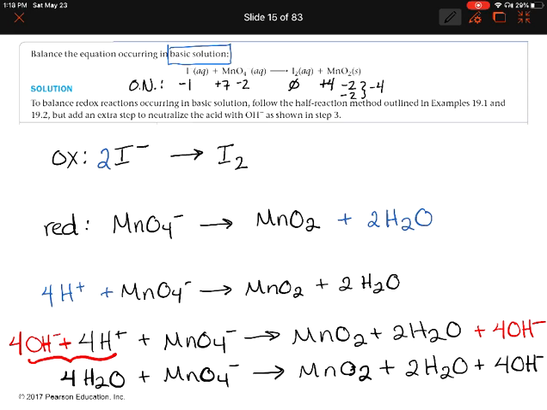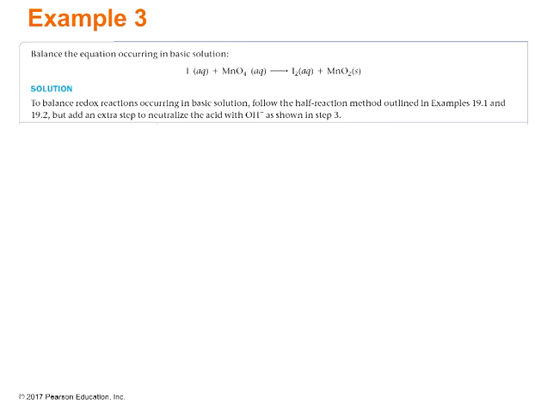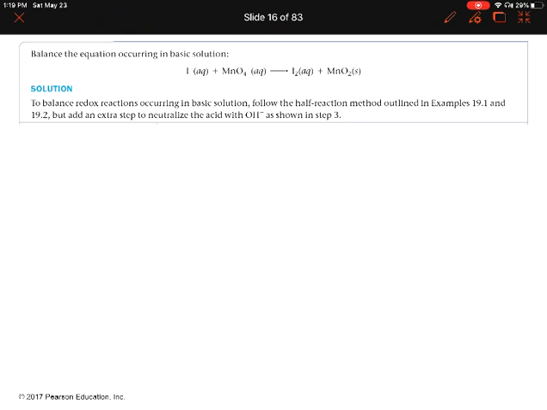So remember, if you're balancing in a basic solution, you have that extra step where you have to balance your hydrogen ions with hydroxide ions, but you have to add the same number of hydroxide ions to both sides of the arrow. Okay, so let's rewrite our 2 half reactions now that we've balanced them.